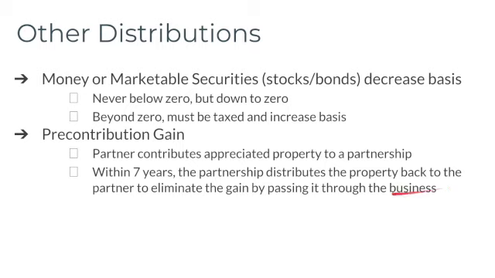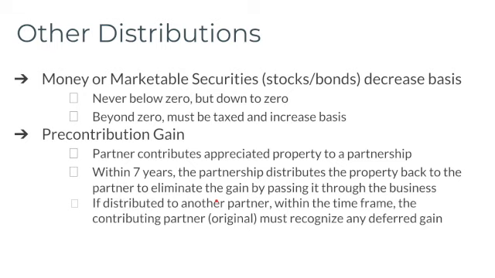Essentially they're doing that to try and avoid the gain. So the gain is recognized by the partner. The same thing happens even if the partnership distributes it to a different partner. That original partner recognizes the deferred gain.